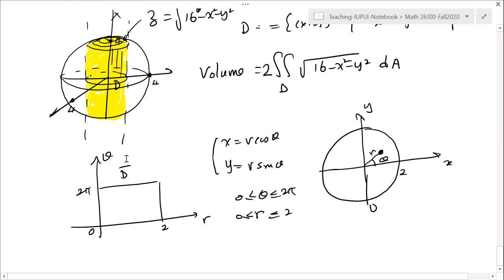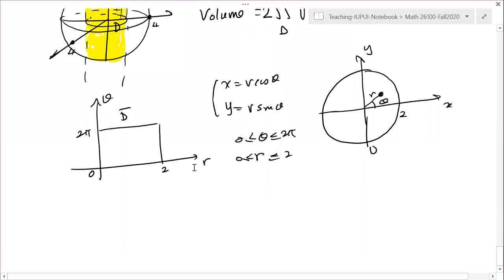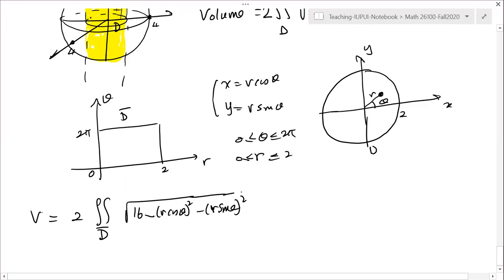You'll get a rectangular domain. Now the volume is going to be twice the double integral of the square root of 16 minus r squared, and here r dr dtheta.